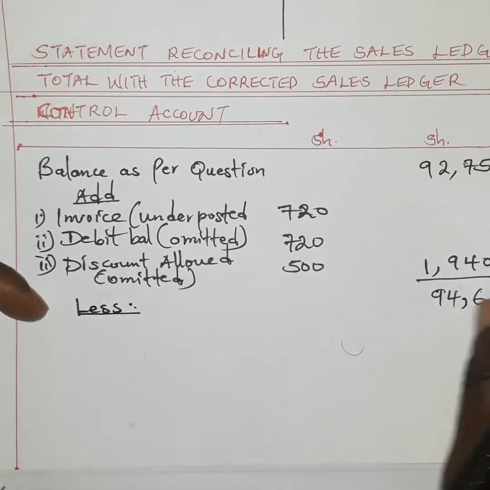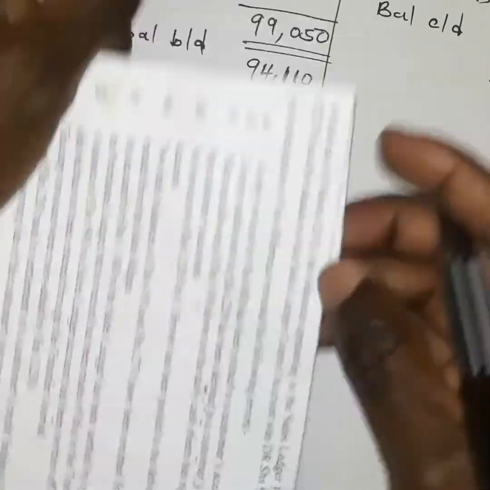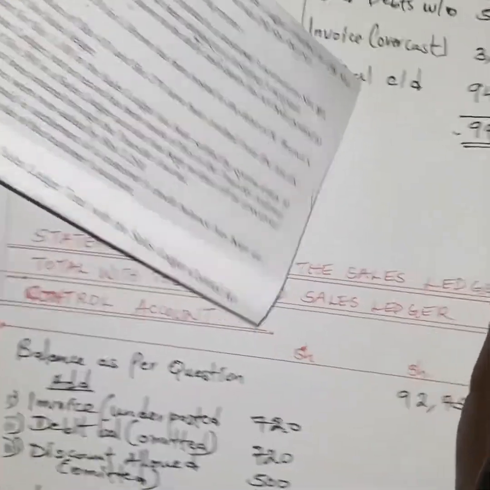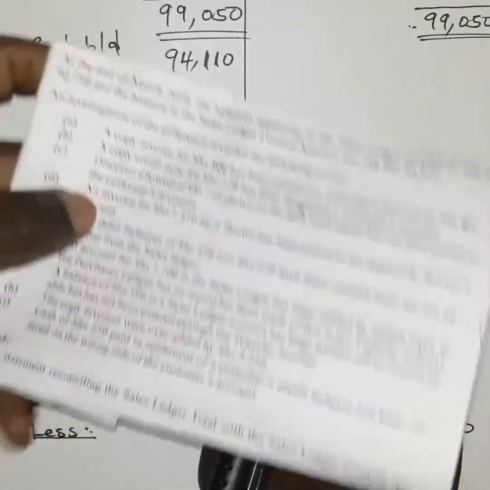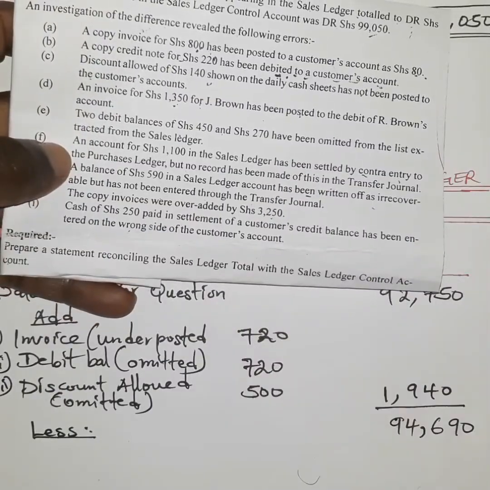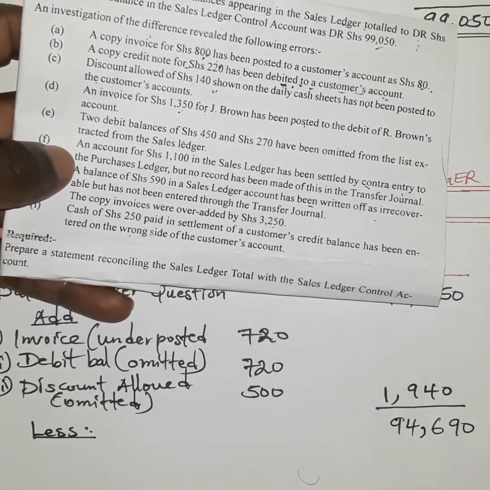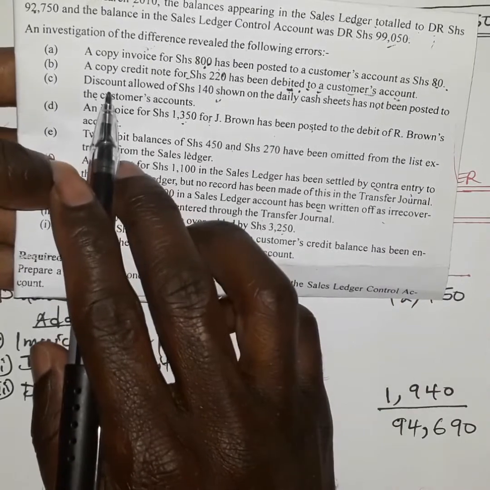After this, we are supposed to deduct items which were supposed to have reduced the sales ledger account but were not entered. Then we have B here.